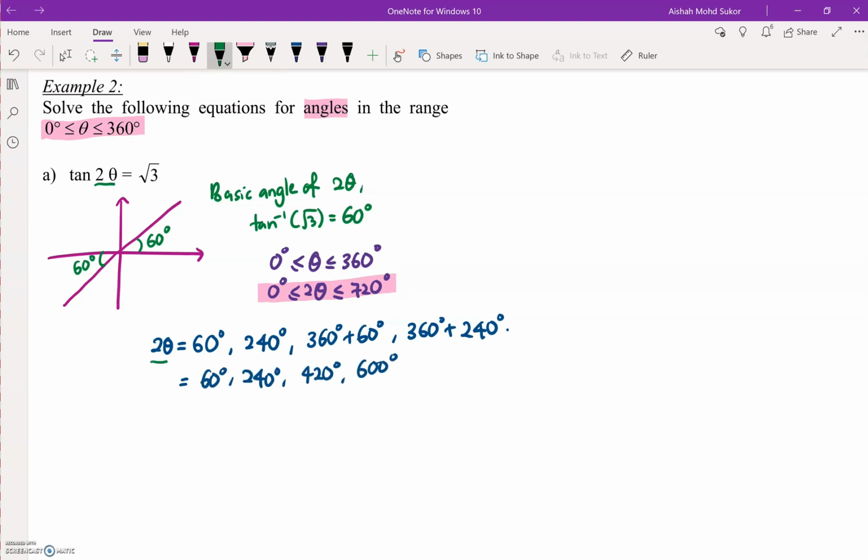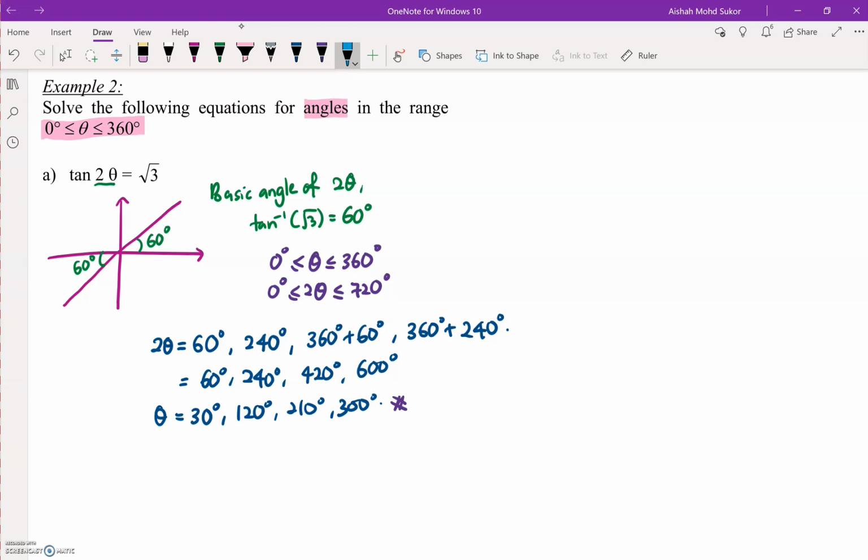But this is for 2 theta. So to get theta, we will divide all the angles by 2. If you check your solution, 2 theta lies between 0 and 720 and theta lies between 0 and 360 degrees. So this is our solution.